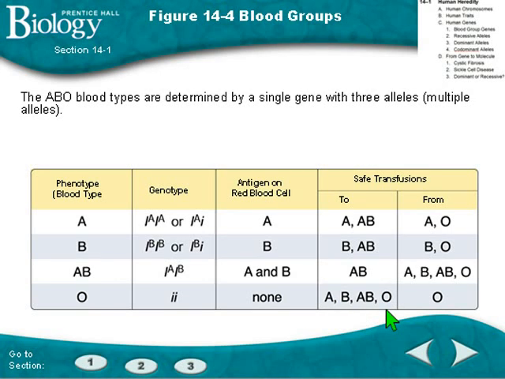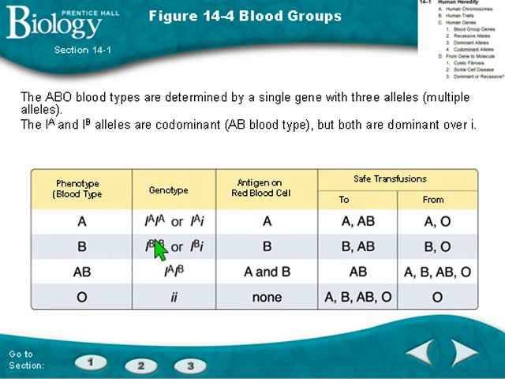Now, if you notice, it's one gene and there are 3 alleles, so this is an example of multiple alleles. But the alleles for the A antigen and the B antigen are codominant, because if both of them are present, in other words, if you're IA IB, then you'll have both A and B antigens on your blood, not one or the other.